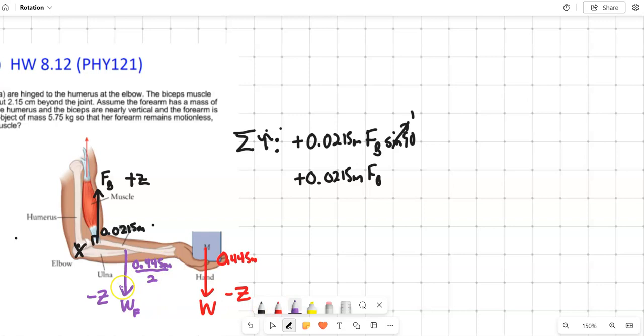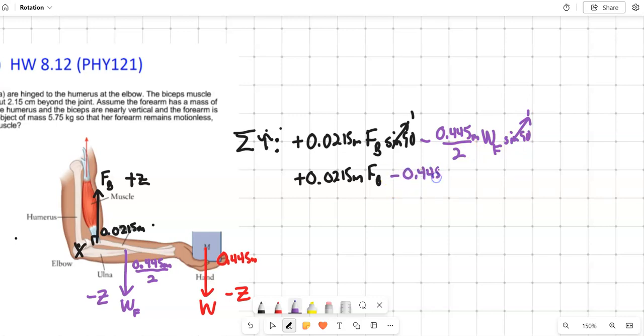Moving right along, we've got this torque right there, which is going to be a negative Z torque, and it's 0.445 meters divided by 2 times the weight of the forearm, times sine of 90 degrees, which is just 1.